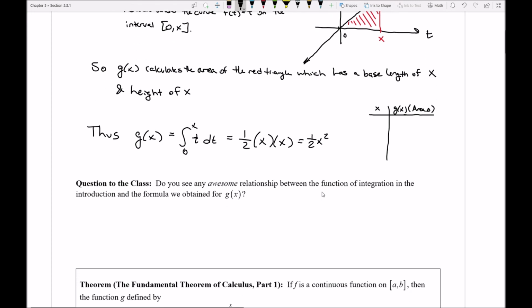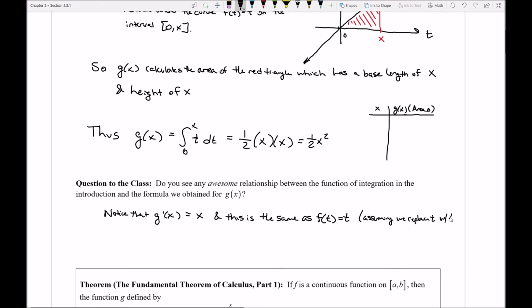Well, you might actually see the following. We can notice here that g prime of x would just be equal to x, and this is the same as the function f of t equals t, assuming we replace t with the value of x, right?